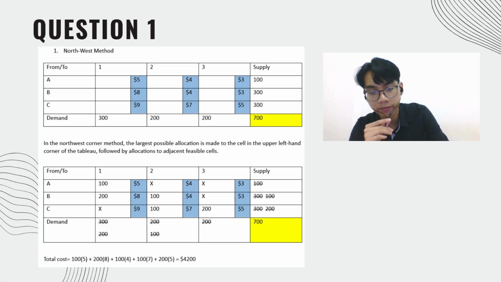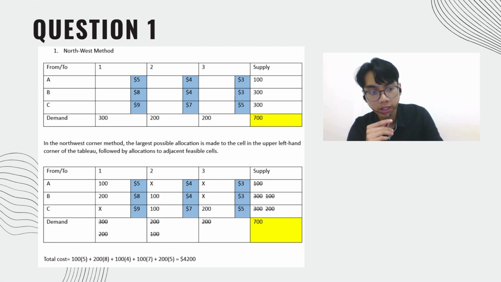So 300 minus 200, we get 100 for the supply B. Then there is no demand left on demand 1, so we cancel C1. Next, there is no supply left on supply A, so both A2 and A3 will be cancelled out.